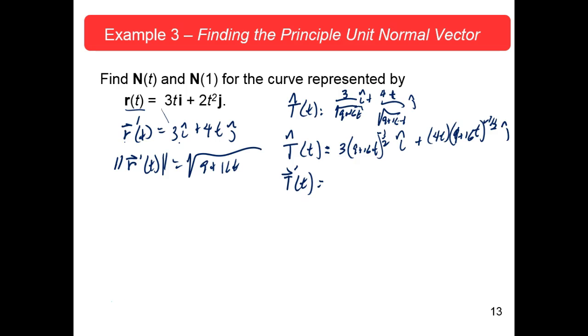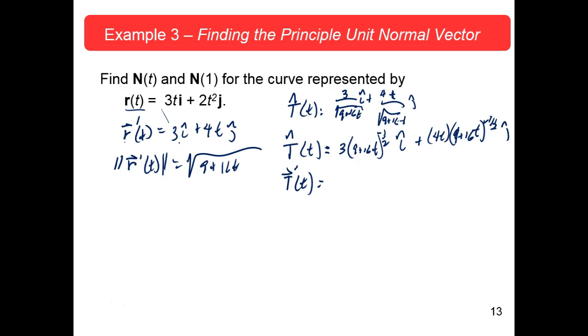Would be your exponent times your coefficient times this, drop one power, times the derivative of this, right? Chain rule.